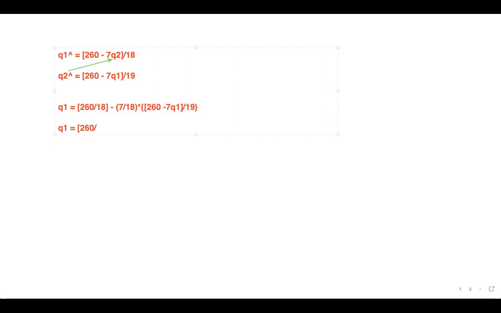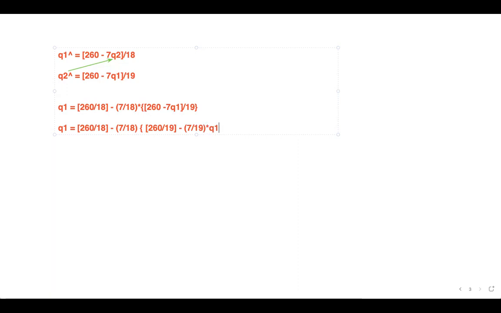Let's go ahead and do it. I'm going to leave this as 260 divided by 18, and I'll leave this as 7 divided by 18, and then I'll play around with the stuff in the brackets just to make it a little bit more clear. So this one is going to be 260 divided by 19, and I'll have minus 7 divided by 19 times Q1.